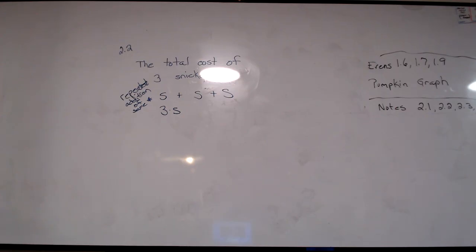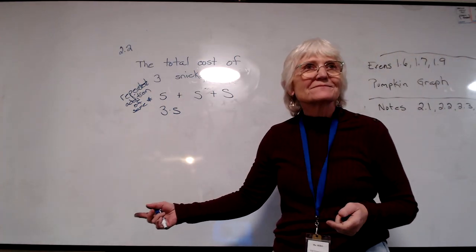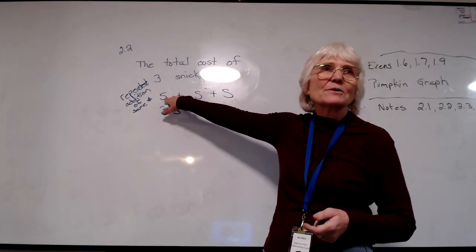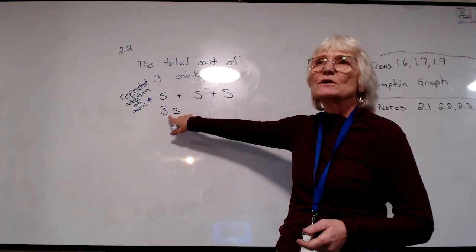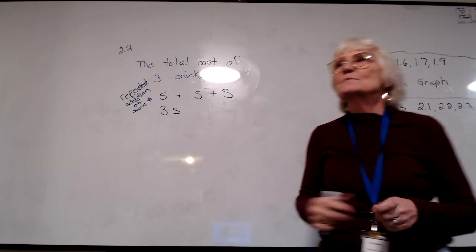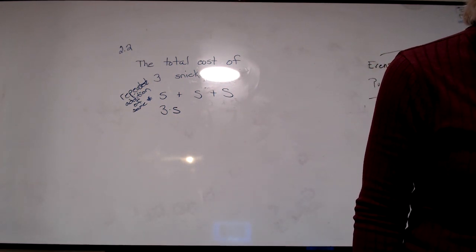So that's a way of writing the cost in an algebraic expression. Because we don't know what the cost is, we give S as the price of the Snickers bars. This is how many we have. I said 3, so we have 3. We don't know what their cost is, so we're going to call it S. That's an algebraic expression.